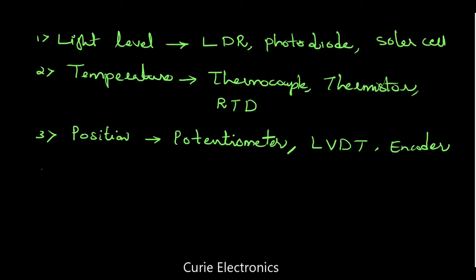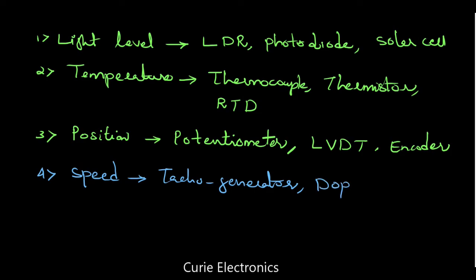Then speed. What sensor can we use for speed? A tacho generator. This is all we will be learning in detail. Then most of the other speed sensors are Doppler based sensors.